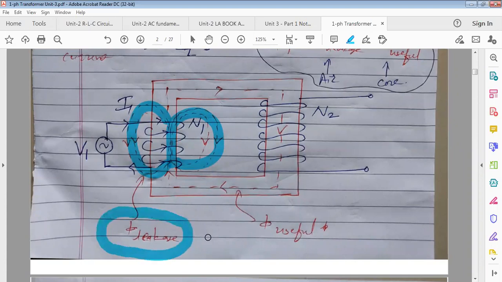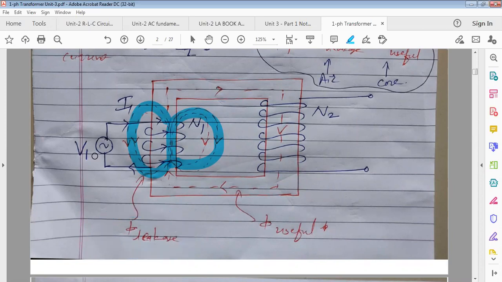and the flux which completes its path through air doesn't help in producing the output. That's why it is called leakage flux, and it is very less. It is 1 to 5%. Whatever flux is produced by the primary winding, out of that total flux, hardly 1% to 5% can complete its path through air. It doesn't help in producing the output. That's why it is called leakage flux.